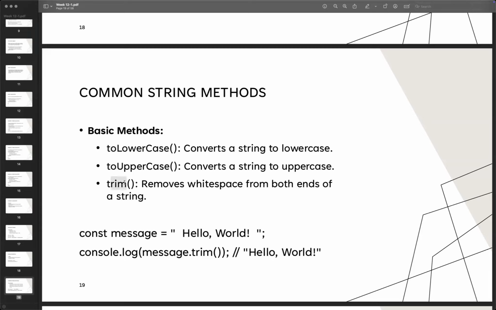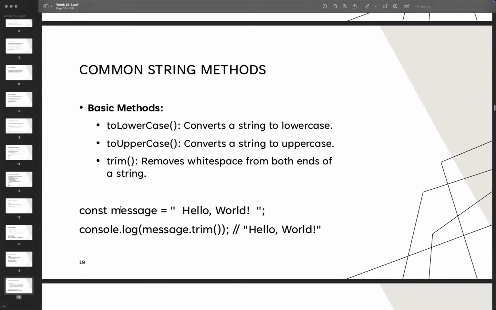And if you want to trim, to remove certain characters, like spaces, from the string, you can use trim, and then it removes the spaces at the front and the end, so both ends of the string.